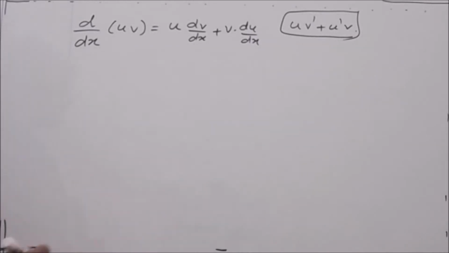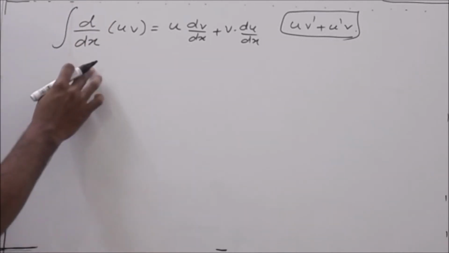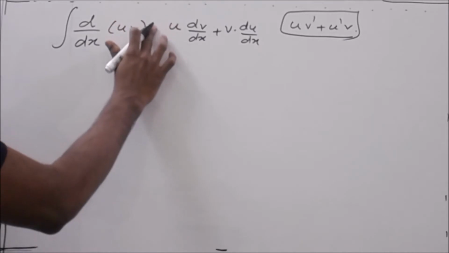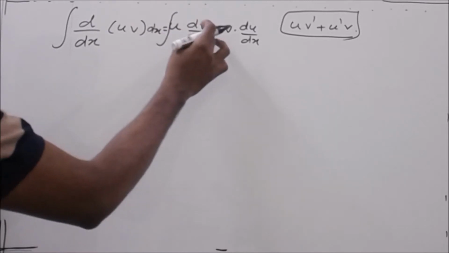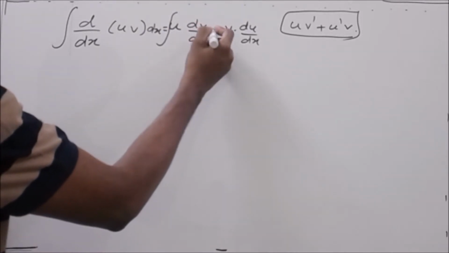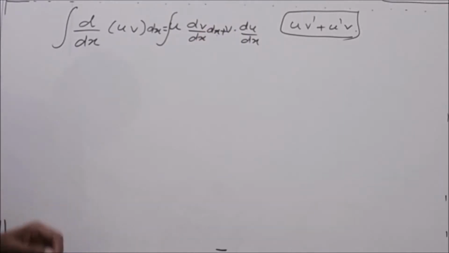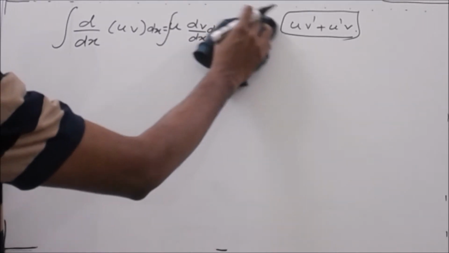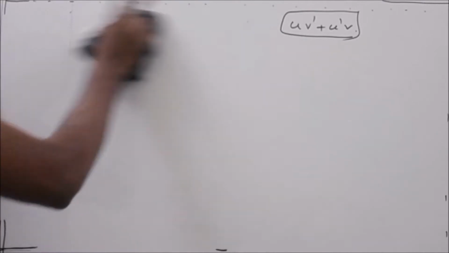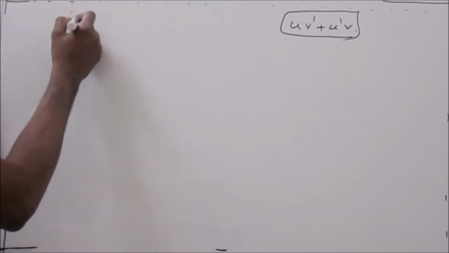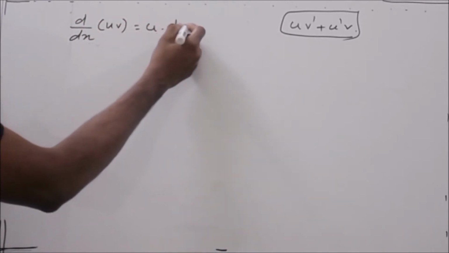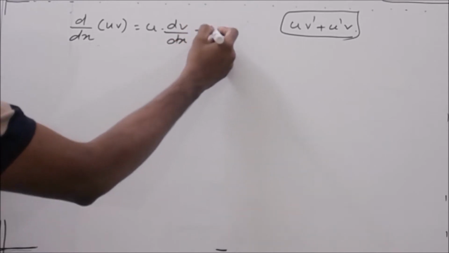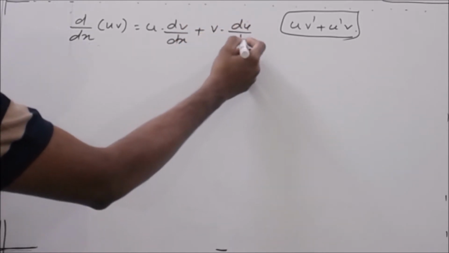Now here, integrate on both sides. Integral of d by dx of uv into dx equals integral of u dv by dx into dx plus the integral of v du by dx into dx. I am writing again: d by dx of uv equals u into dv by dx plus v into du by dx is the differential formula.